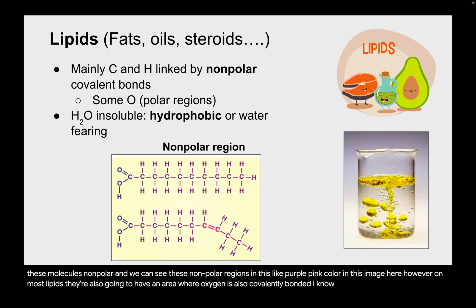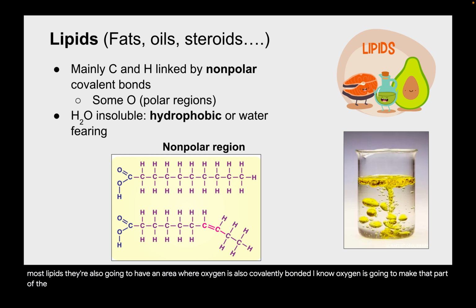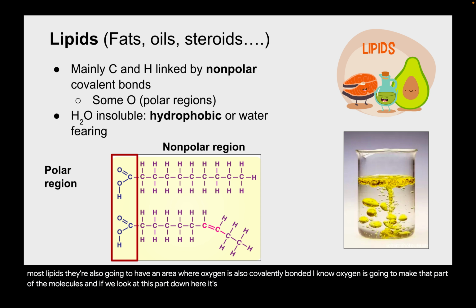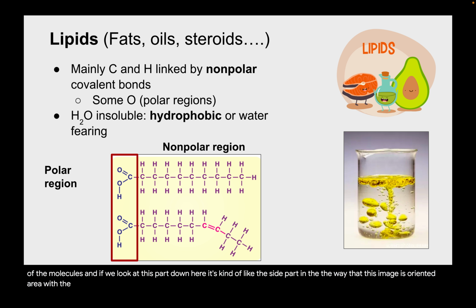Now, oxygen is going to make that part of the molecule polar. And if we look at this part down here, this side part in the way that this image is oriented, that is polar. So the area with the oxygen will be polar, and then they'll have a fairly large nonpolar region. Because a lot of their region is nonpolar, they tend to be hydrophobic, or water-fearing.